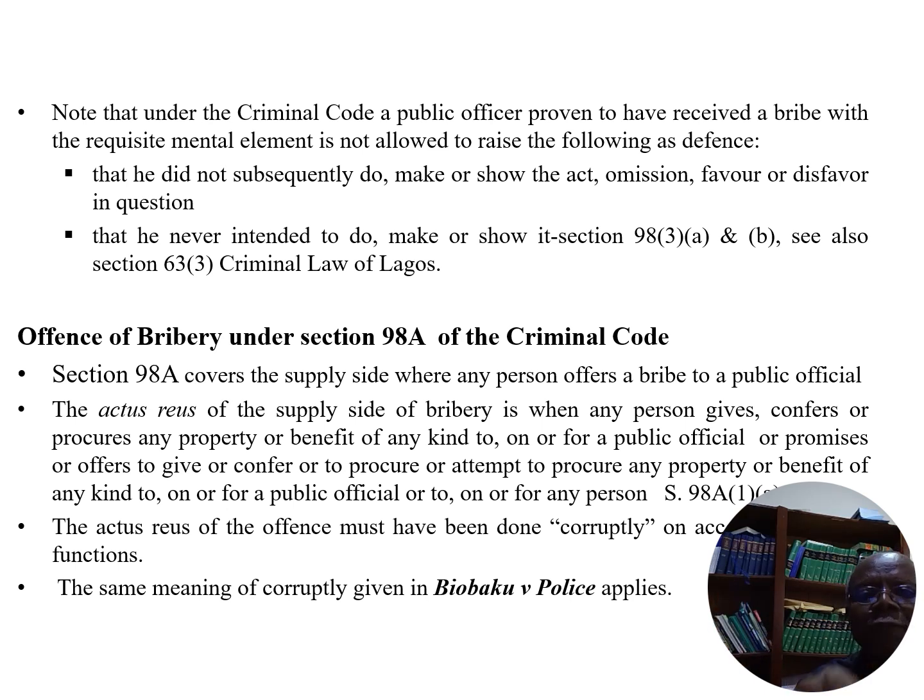Then two, the defendant will also not be allowed to raise that he never intended to do, make, or show it. For example, maybe I knew that I was not going to participate in the grading of the criminal law scripts. I knew that I was not going to grade the criminal law scripts. So there was no way I was going to mark the script and give him an A, because shortly before the exam, I had commenced my sabbatical leave, and I was out of Nigeria.